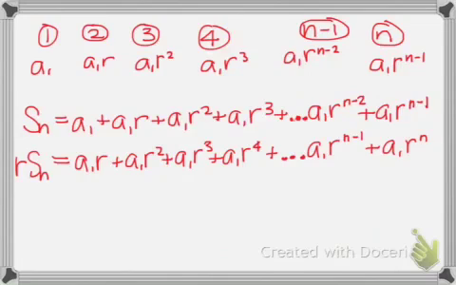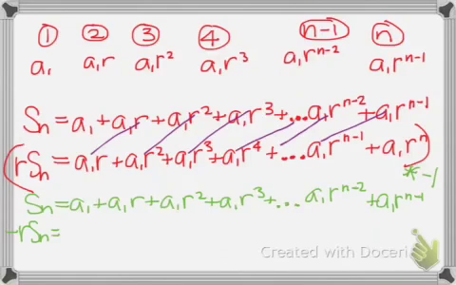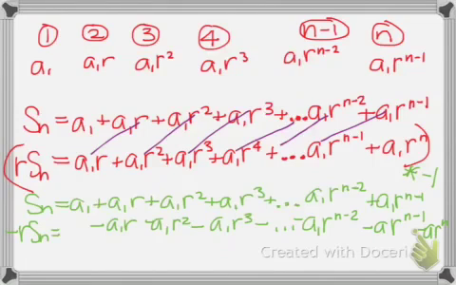Now, in order to get all of these repeating factors in the middle to drop out, we're going to multiply that by negative 1. When we multiply by negative 1, all of these middle terms are going to pair up and subtract. That went a little further than I wanted it to.